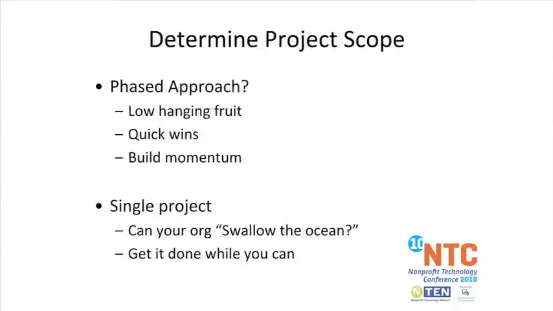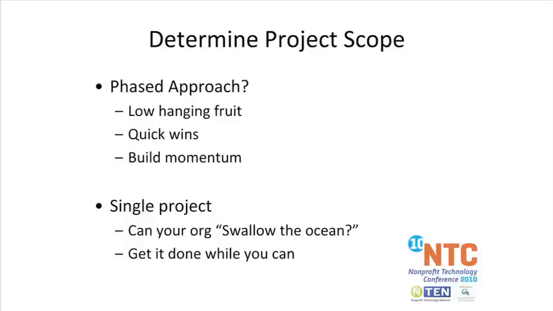So you also have to look and think about how you're going to approach this project. And I will say up front, I've seen organizations do it both ways, and I've seen them fail both ways. So a phased approach. You're going to maybe identify some low-hanging fruits. You're going to build some momentum. You're going to go for the quick wins, or you're going to sort of build in by the silos, very often is the way the phased approach works, right?